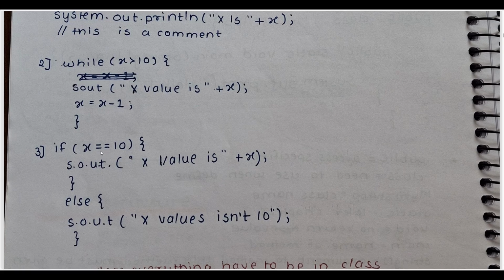Double equals means you are checking whether the content in x is equal to 10 or not. This is different from x = 10, because when we use a single equals, we are assigning the value 10 to x. But when we use double equals, we are checking whether 10 as a value and the value x contains are equal or not. If it is, then it will execute this, else it will execute this.